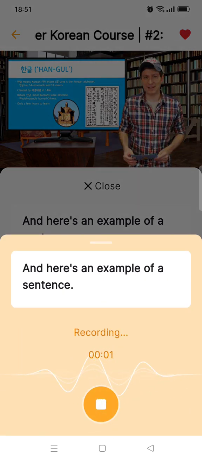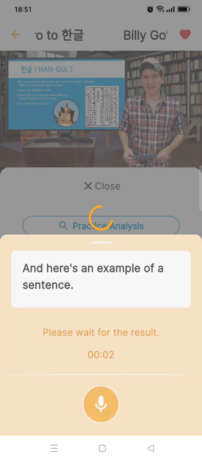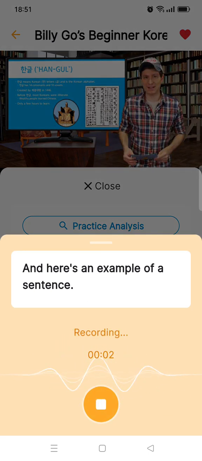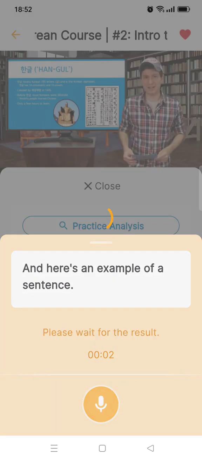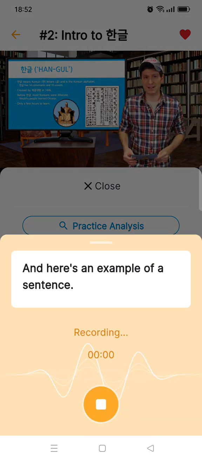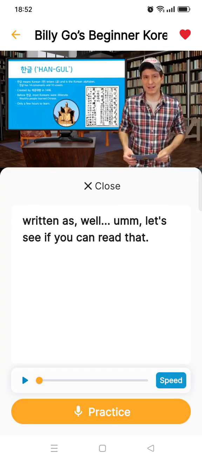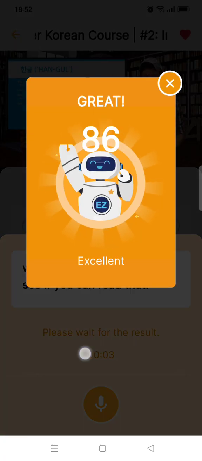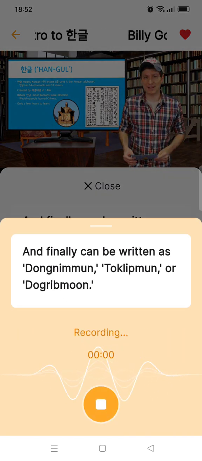And here's an example of a sentence, written as well. Let's see if you can read that. And finally it can be written in several different ways.